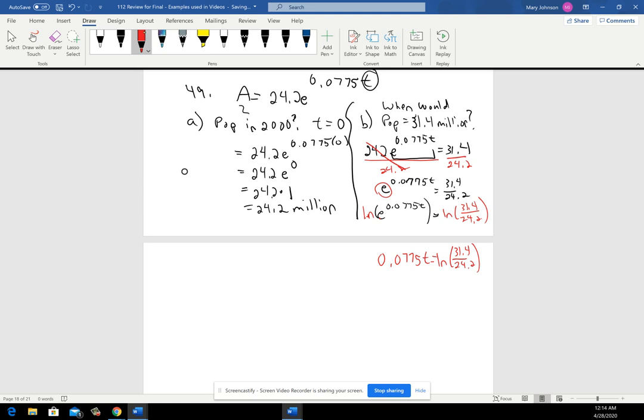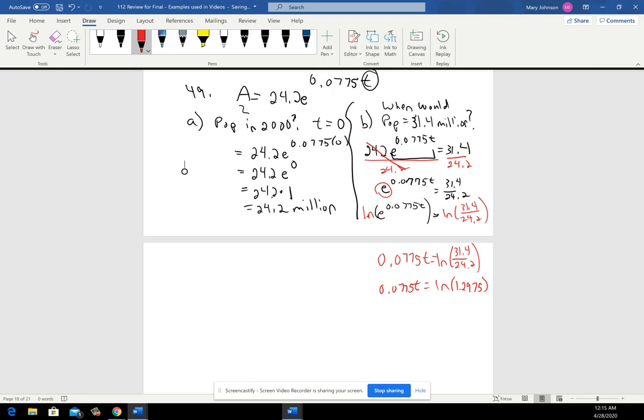Now, really though, at some point, if you felt like it, you could just take the 31.4. Let's go ahead and do that. And you could divide by the 24.2. When you do, you're going to get a decimal. And what I'm going to suggest is that you just don't round that decimal very much. Keep a lot of places. Let's go to like 4 so that we don't introduce too much of a round off error. Okay, so now I'm going to natural log that.